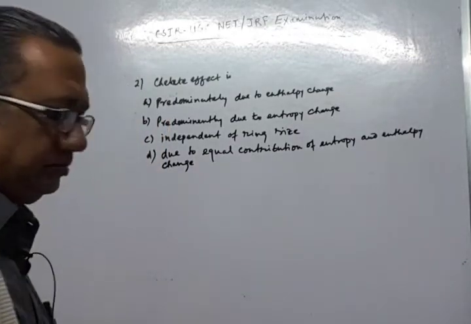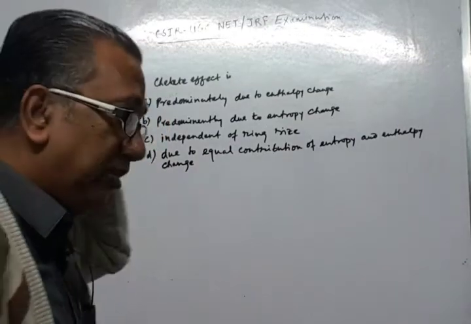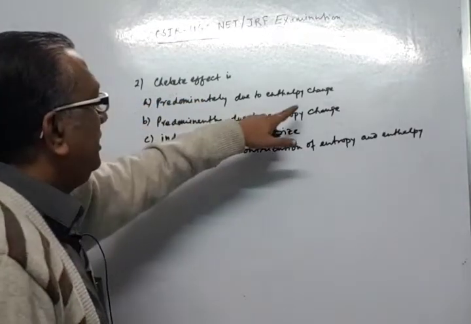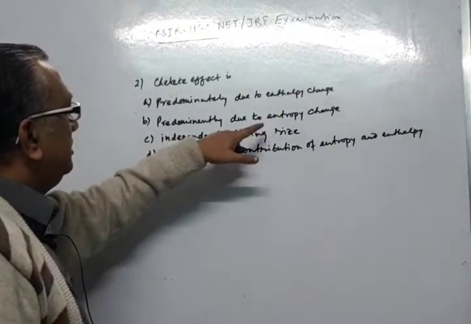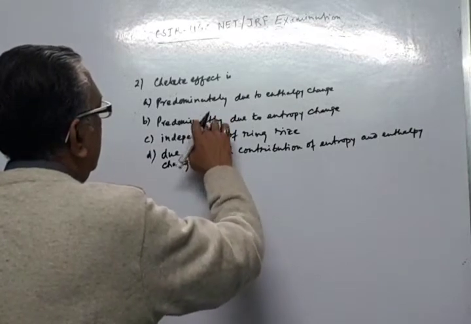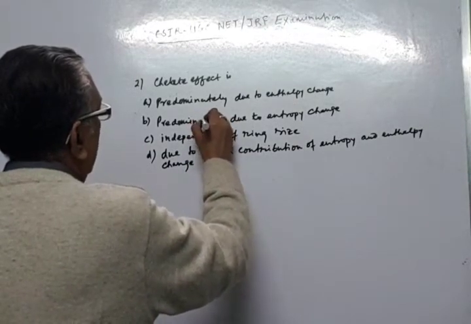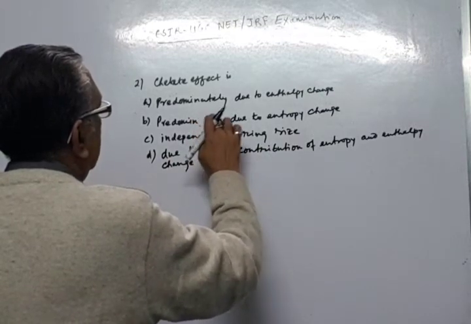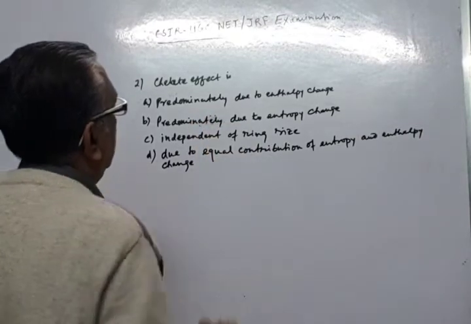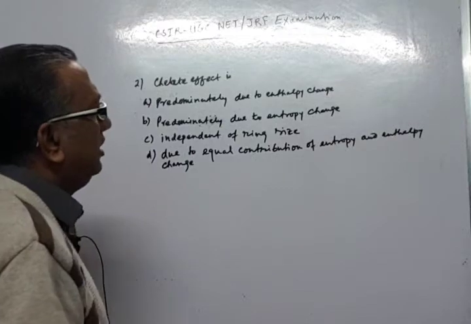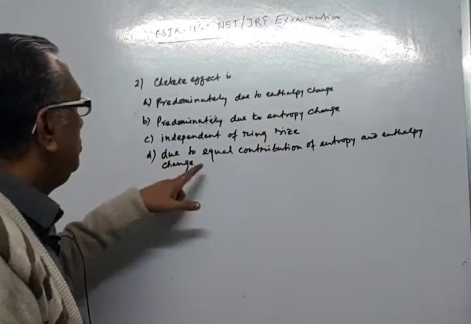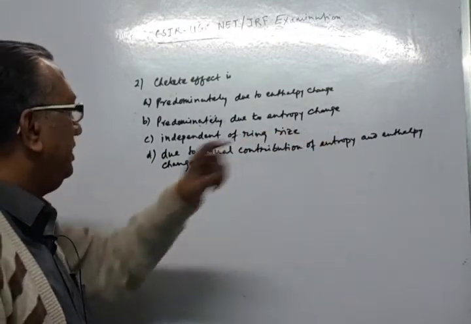Now, once again I am repeating the question. The chelate effect is predominantly due to the enthalpy change, entropy change, independent of ring size, or due to equal contribution of entropy and enthalpy.